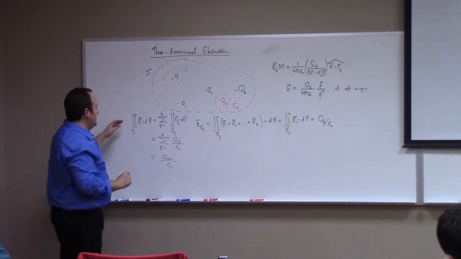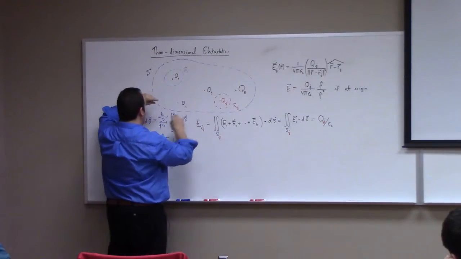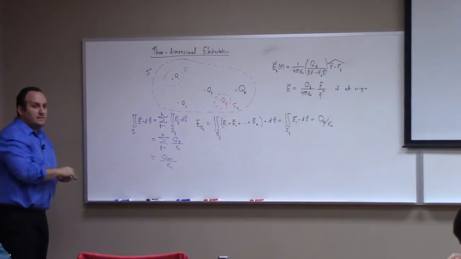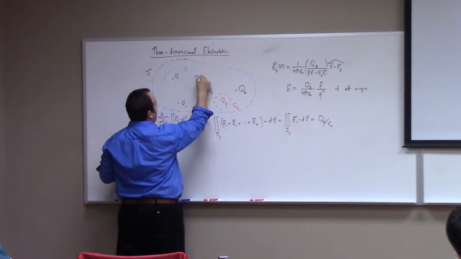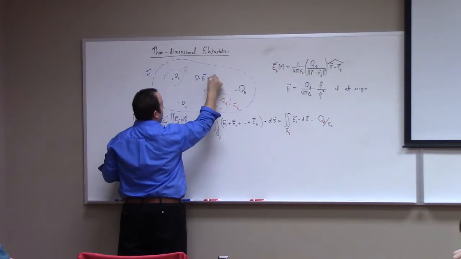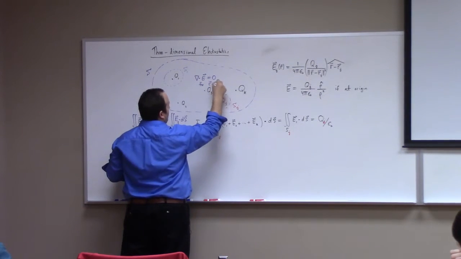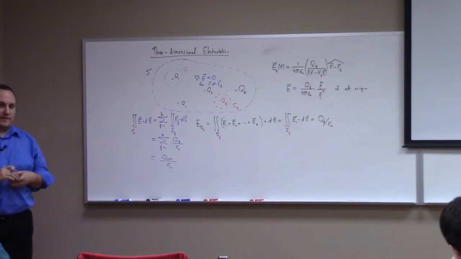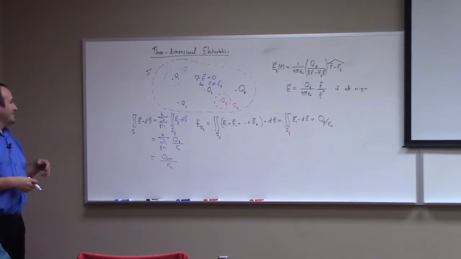Now, how do I know that the integral on the outer surface is just the sum of the integrals on the inner surfaces? What am I using? What I'm using is that the divergence of the electric field is equal to 0 for r not equal to one of the source points. I also have that calculation explicitly in the notes that I can't project.